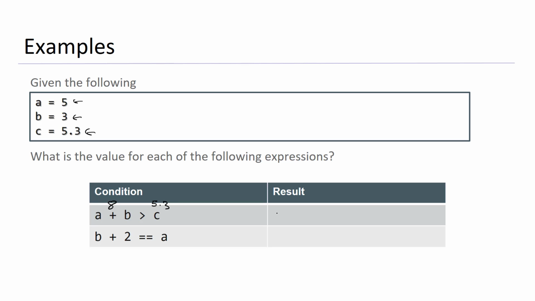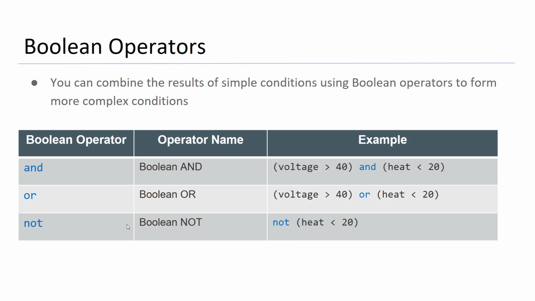In this case it is greater than, so the result is true. Similarly, you will apply the math operator in the second condition, and B plus 2 becomes 5, and the value of A is also 5, so the result of this is also true.